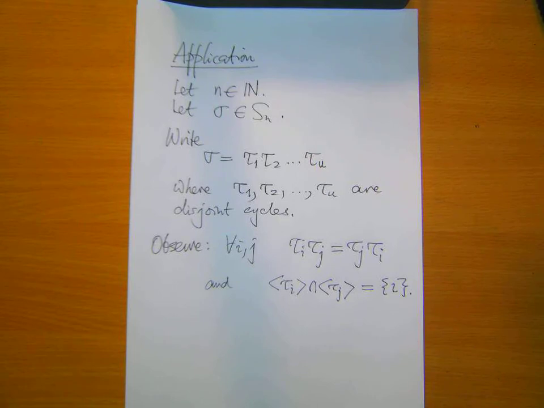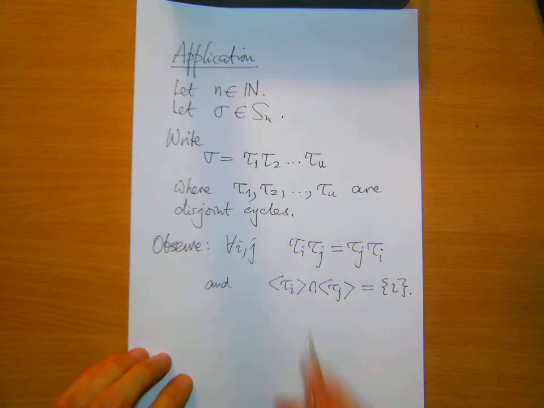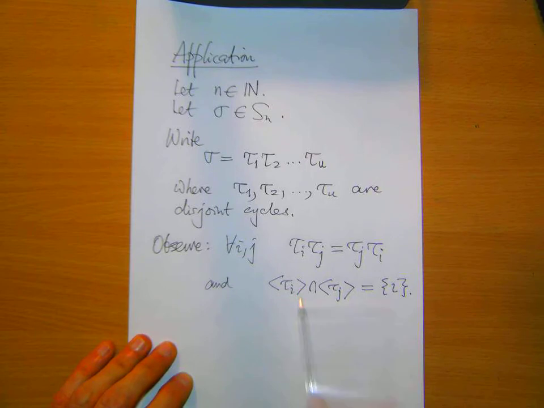It's basically because if a power of one was equal to a power of the other, then it would have to leave every element fixed if they're disjoint. I hope that at least one of you will ask about it in next week's tutorial. But I don't want to prove every last little thing today. The point is then that pairwise these satisfy the hypotheses of the theorem.